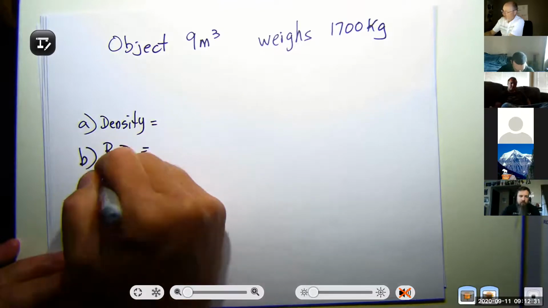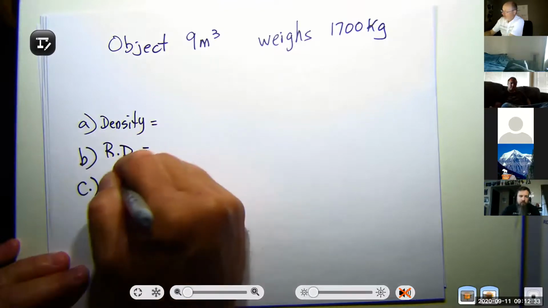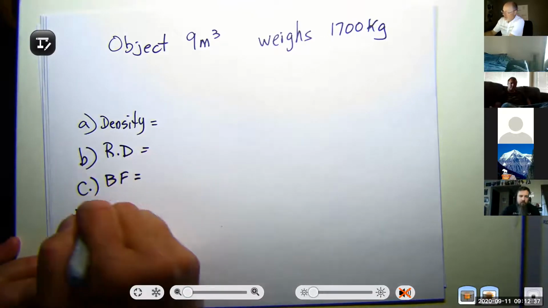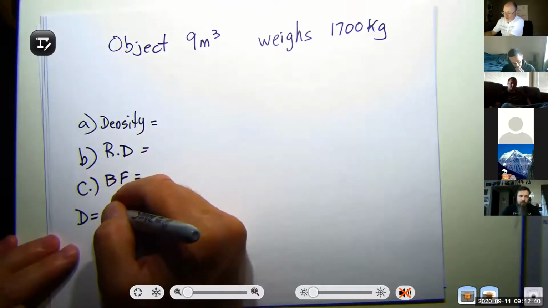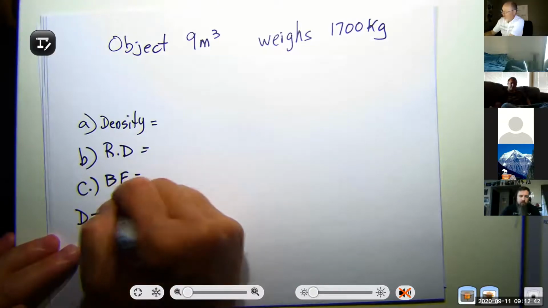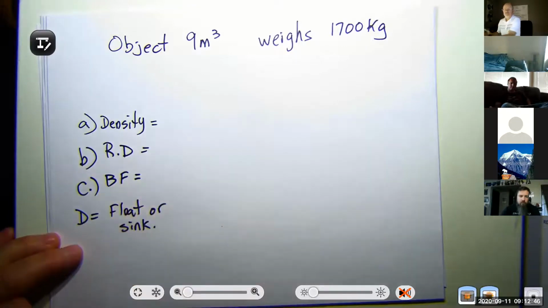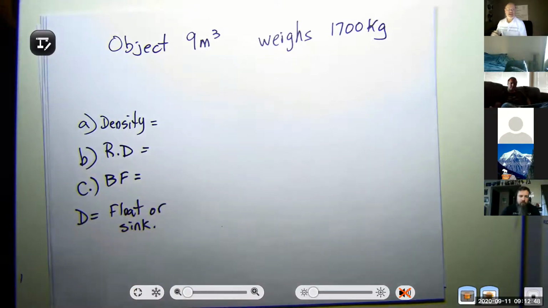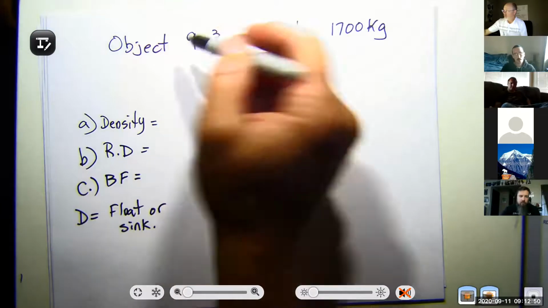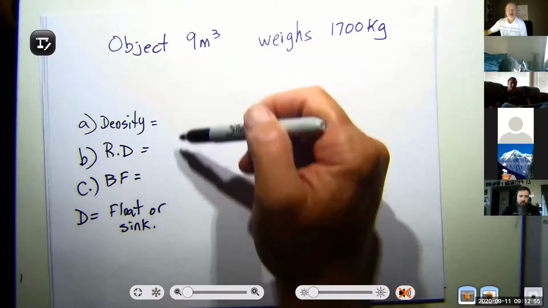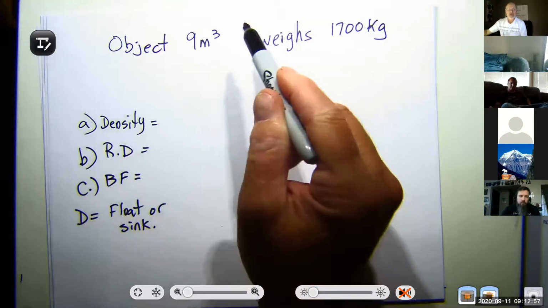C, I want to know the buoyant force. And then D, will it float or sink? Okay, so I have an object, 9 cubic meters, weighs 1,700 kilograms, and I want to know all these answers from that information.